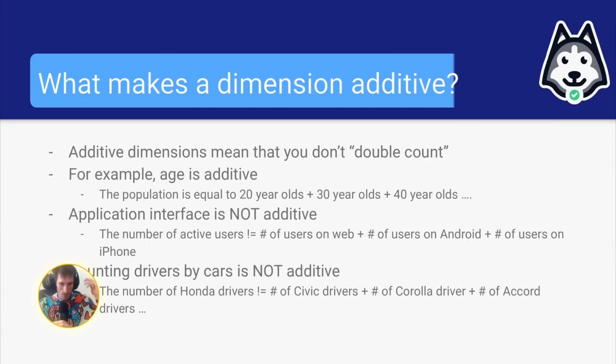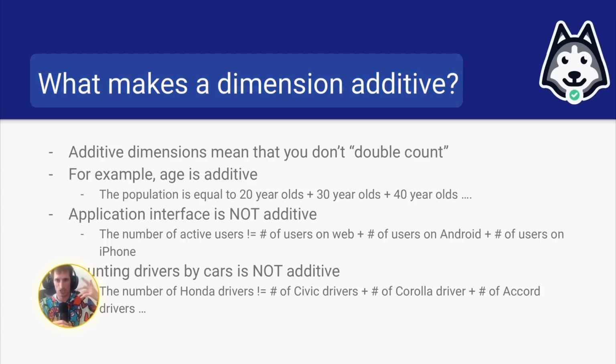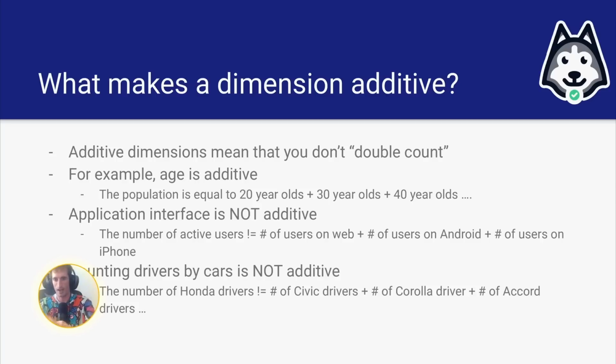Okay, additive versus non-additive. This mostly is when you're talking about how to count stuff. You are able to essentially take the sub counts and add them all up. If you take all the subtotals and sum them up, you get the grand total and you get the correct number.